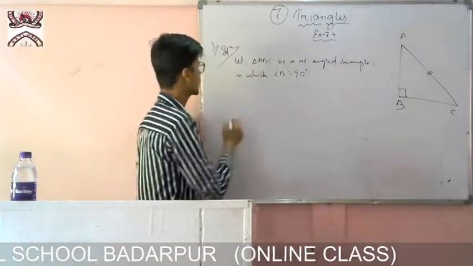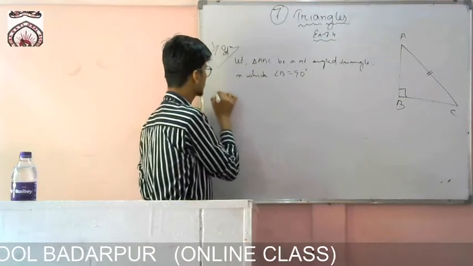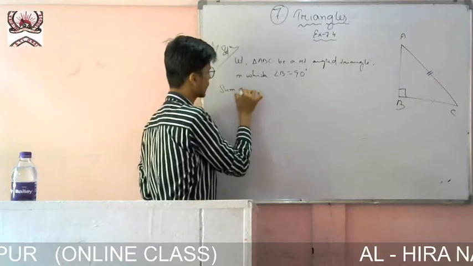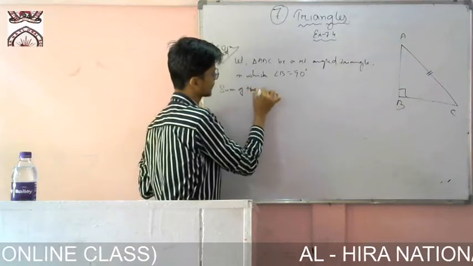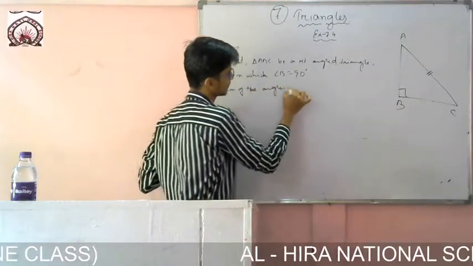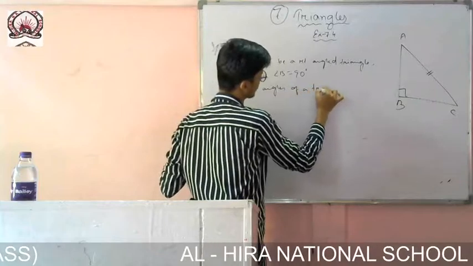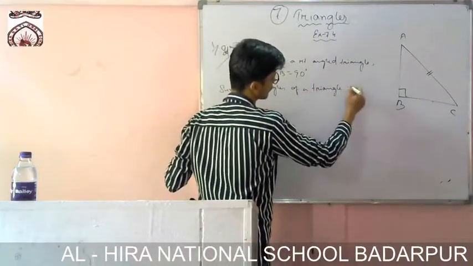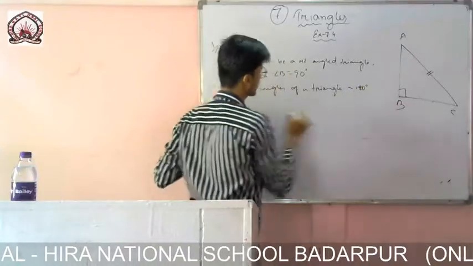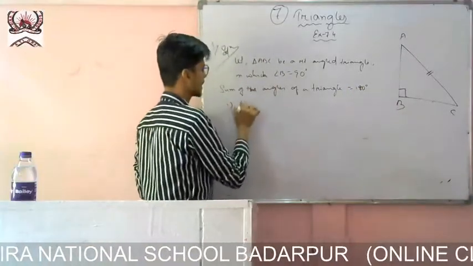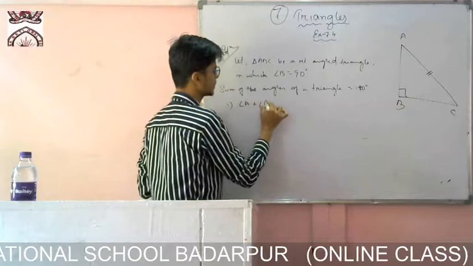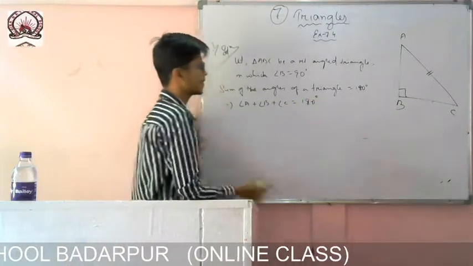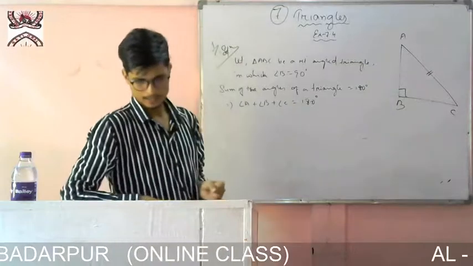So we know that the sum of the angles of a triangle is 180 degrees.